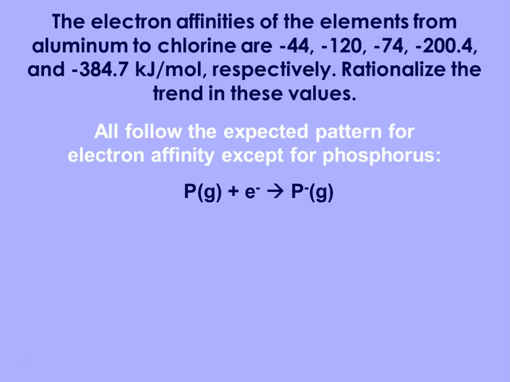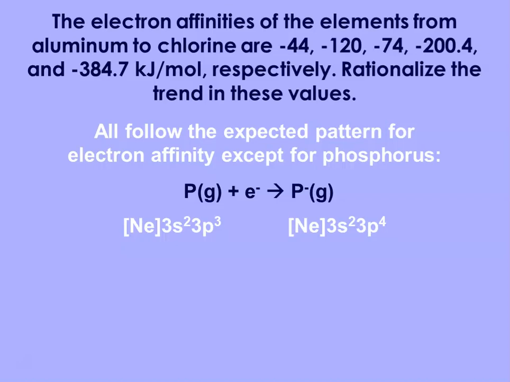And if we remember with phosphorus, if it's gaining an electron, it's forming a negative ion. Phosphorus started with 3p electrons. It already had its 3s electrons, so it had a half-filled sublevel. Every orbital had 1 valence electron. P minus now has 2 electrons in one of its orbitals, and the other 2 only have 1.